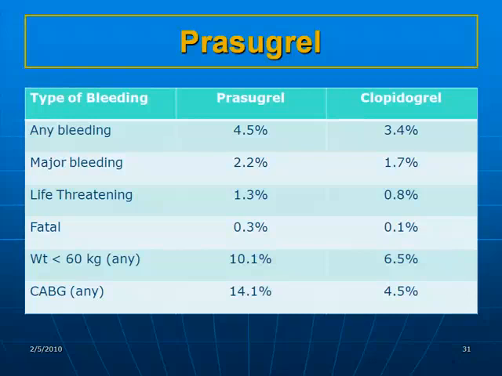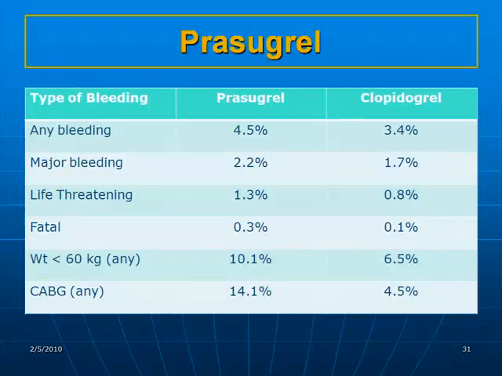So 5 out of every 10,000 patients treated, more than clopidogrel, will have a life-threatening bleed on prasugrel. Look at the patients who weigh less than 60 kilos and those that went for emergency CABG where these drugs couldn't be stopped: 14% with prasugrel. It's 3 times more than clopidogrel.